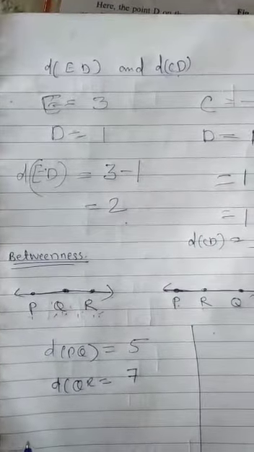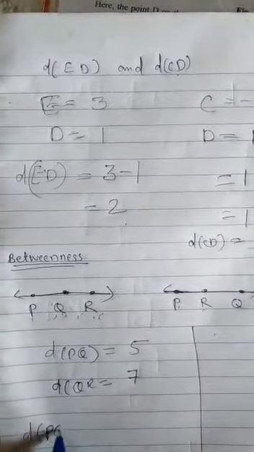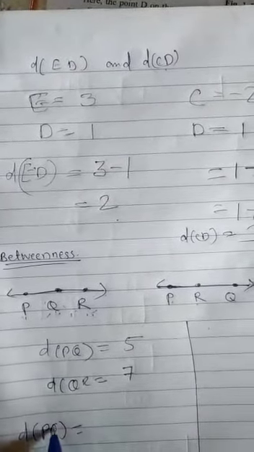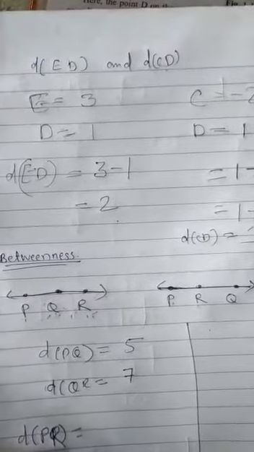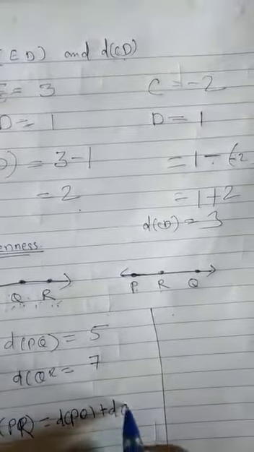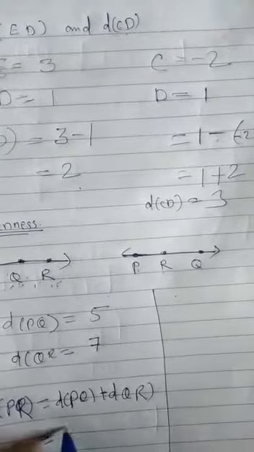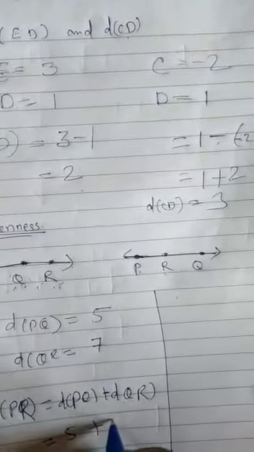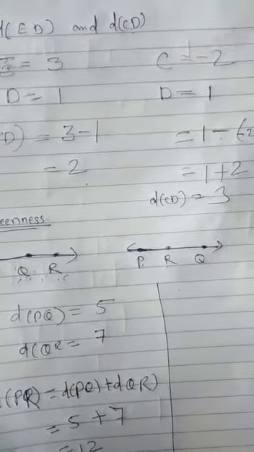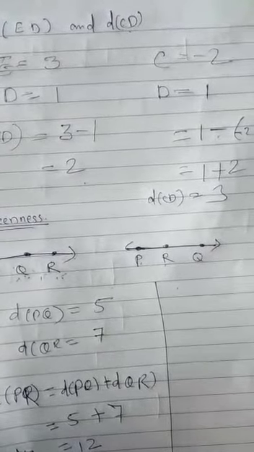We have to find distance PR. Distance PR is equal to distance PQ plus distance QR. Distance PQ is 5, plus QR is 7. 5 plus 7 is 12. Distance PR is equal to 12.